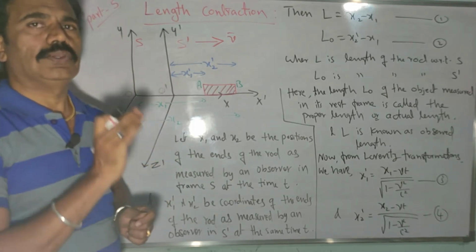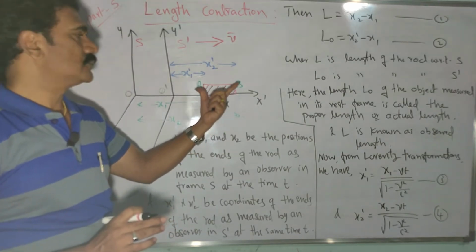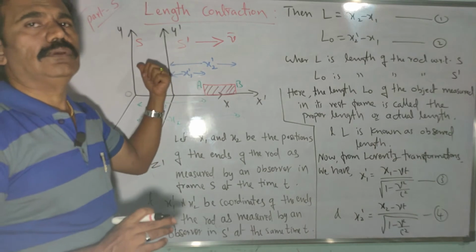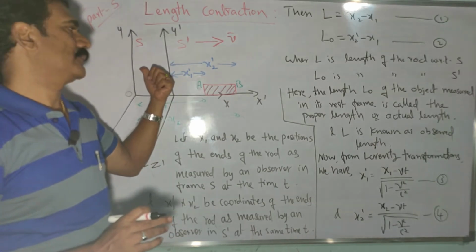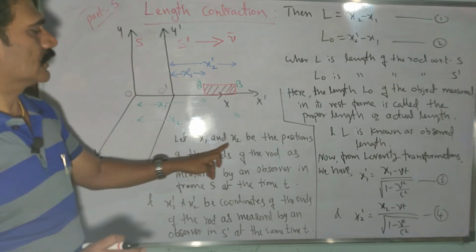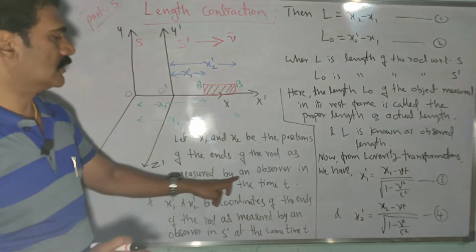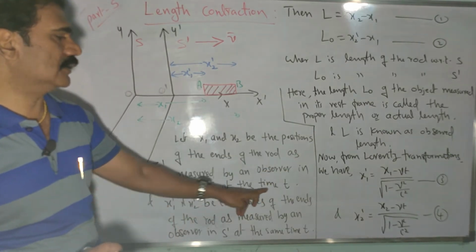So theoretically we can prove how the length of the rod is observed to be shorter with respect to one of the frames of reference. Okay, so draw the diagram. Here, let x1 and x2 be the positions of the ends of the rod as measured by the observer in the frame S at the time t.